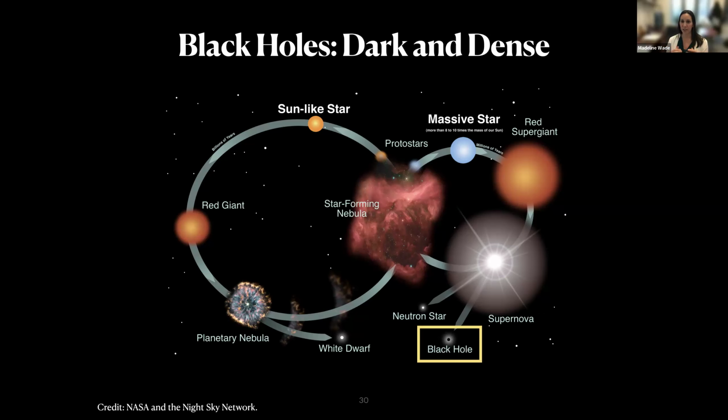Black holes are objects that would require faster than the speed of light motion to leave the surface. Since nothing can actually travel faster than the speed of light, this means nothing actually can escape the black hole, including light itself. And this is why these things are called black holes, because they appear on the night sky as just black spheres. There's no light emission or other emission coming from them.